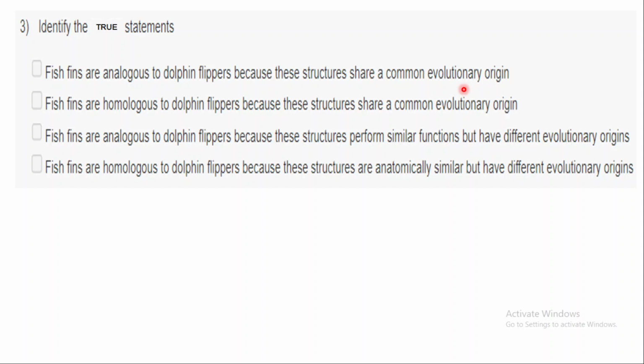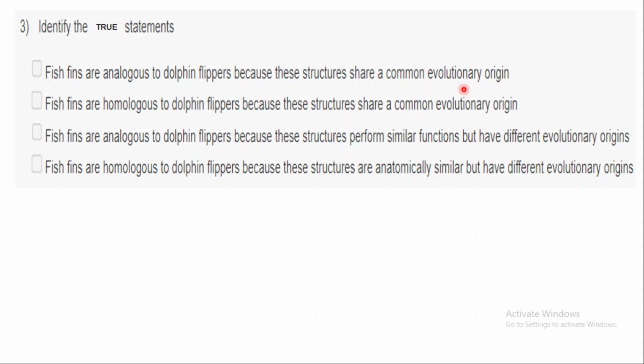Option A. Option B. Fish fins are homologous to dolphin flippers because these structures share a common evolutionary origin. Fish fins are analogous to dolphin flippers because these structures perform similar functions but have different evolutionary origins. And the last option, fish fins are homologous to dolphin flippers because these structures are anatomically similar but have different evolutionary origins.